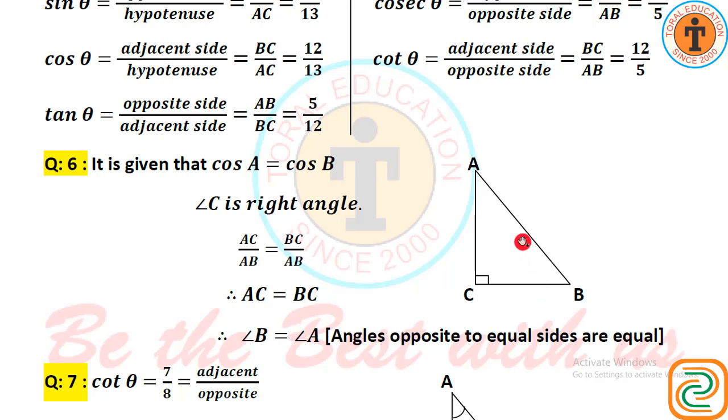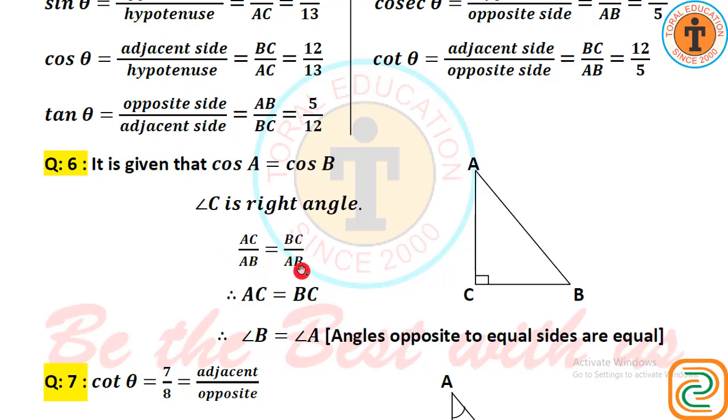What do you mean? Cos A is adjacent side upon hypotenuse, adjacent side AC upon AB. Cos B is adjacent side upon hypotenuse, so BC upon AB. If AB is on both sides of the equals sign, they can be cancelled.